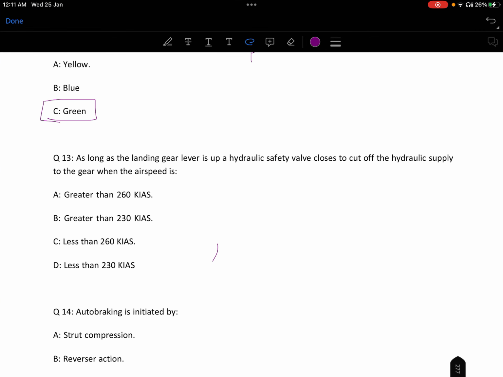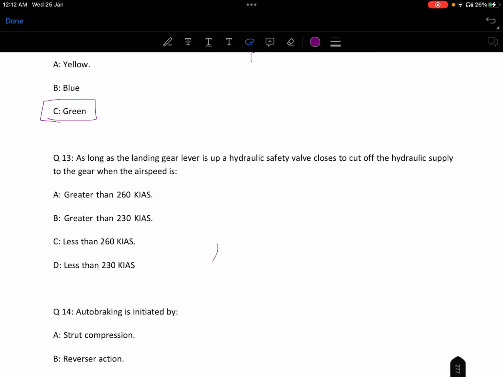As long as the landing gear lever is up, a hydraulic safety valve closes to cut off the hydraulic supply to the gears when the airspeed is above 260 knots. Whenever the aircraft speed is above 260 knots, there is a safety cutoff valve which will cut the hydraulic supply to the landing gears.